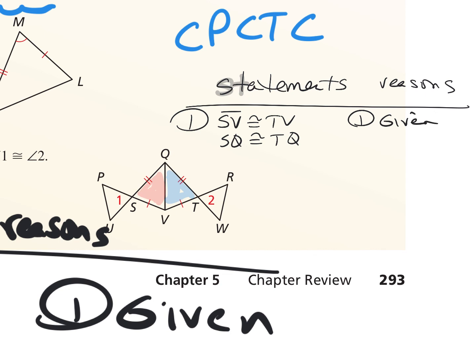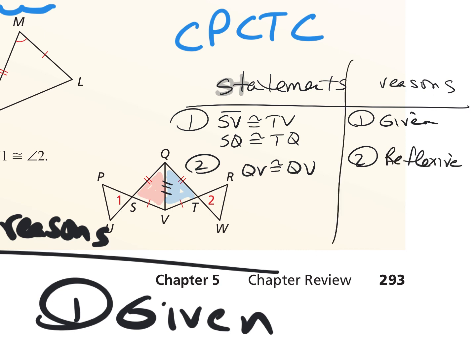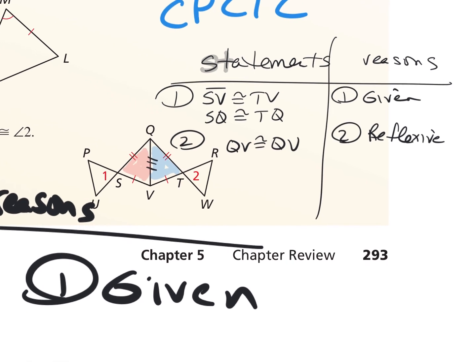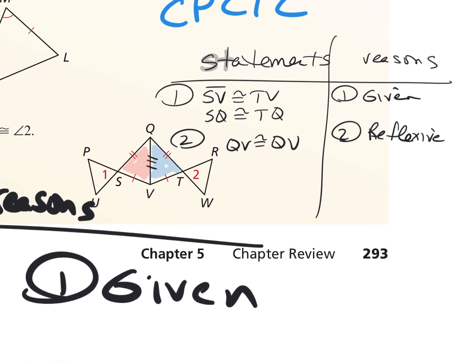Now what I'm going to add in is this reflexive side, that QV is congruent to QV, and that's going to be reflexive. And now I have enough congruency marks to show that the pink and the blue triangle are congruent by side, side, side. So then I can now state that triangle QSV is congruent to triangle QTV, and the reason is side, side, side.